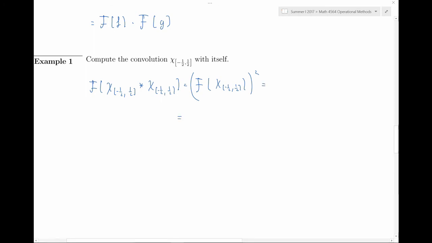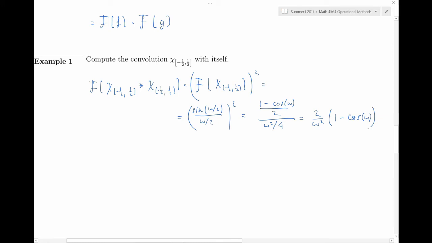And from the previous examples, I know that the Fourier transform of this function is sine of omega over 2 divided by omega over 2, squared. Sine squared can be converted in accordance to the double angle formulas into 1 minus cosine of omega over 2, and the bottom stays omega squared over 4. So this can be written as 2 over omega squared multiplied by 1 minus cosine of omega.